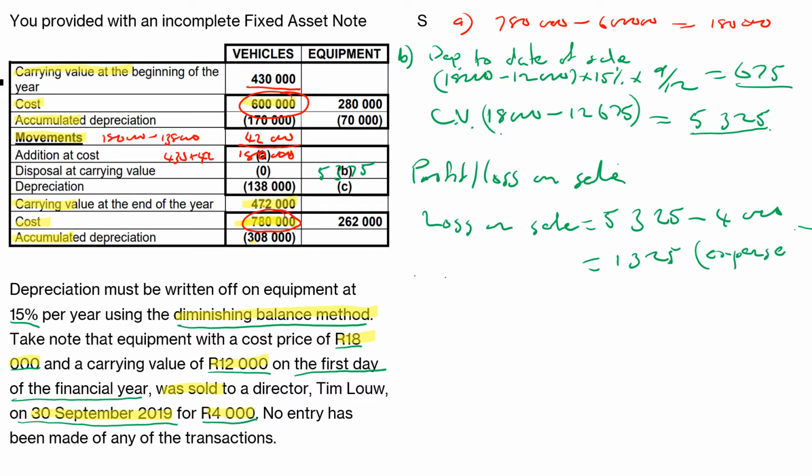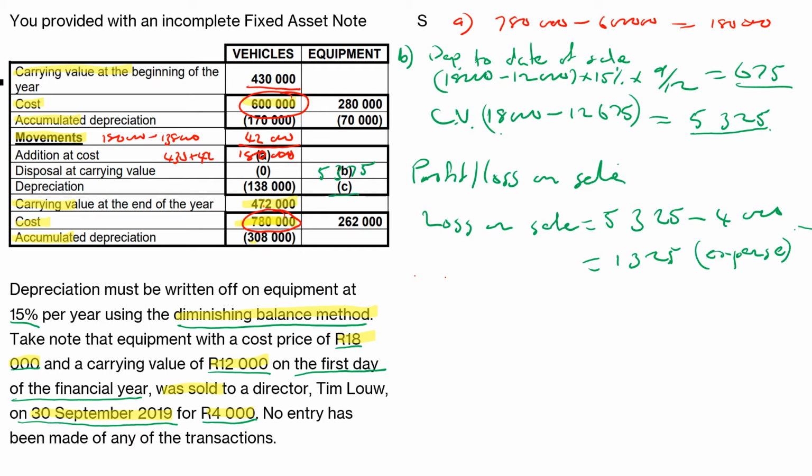Right, this is an expense in the income statement. It's part of the operating expenses in the income statement. If it's a profit on sale, that becomes an income under other incomes. That will form part of other incomes if it's a profit, but if it's a loss, it's an expense.